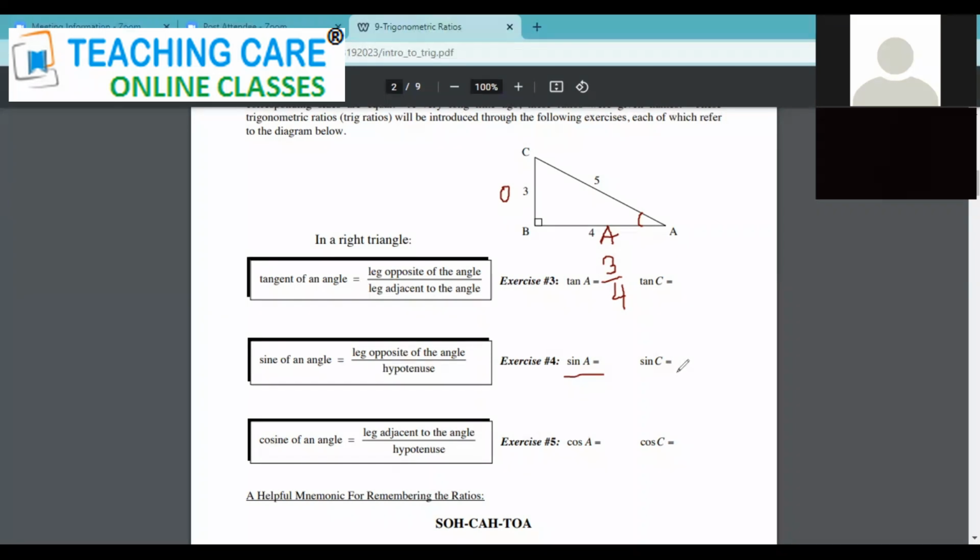Yes, sine C is 4 over 5. Okay. What about cosine of A? 4 over 5. Cosine of C? 3 over 5. Yes.